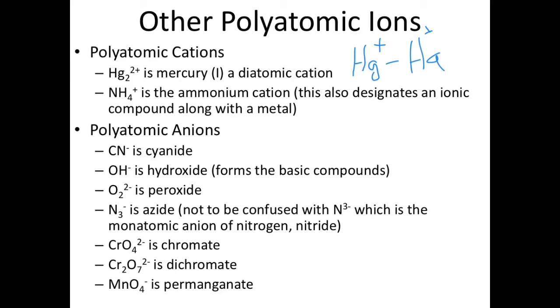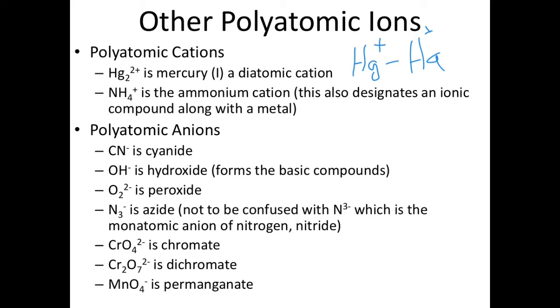This also designates an ionic compound along with a metal. So when you're looking to know if your compound is ionic or not, a metal is not the only indicator. The ammonium cation is another indicator that you have an ionic compound.